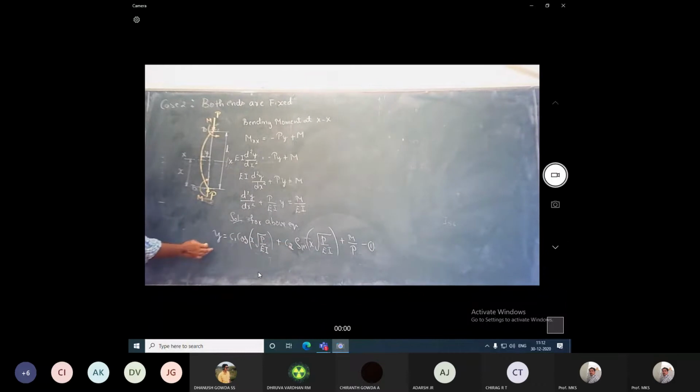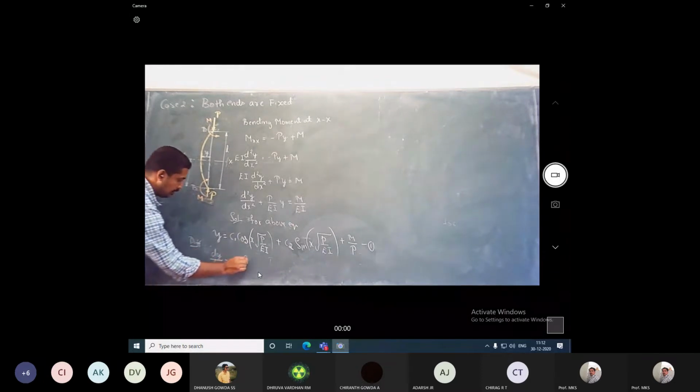Okay, next. You just differentiate: dy by dx will be equal to, the differential of cos is minus sin, so minus C1 sin x root of P by EI into root of P by EI.